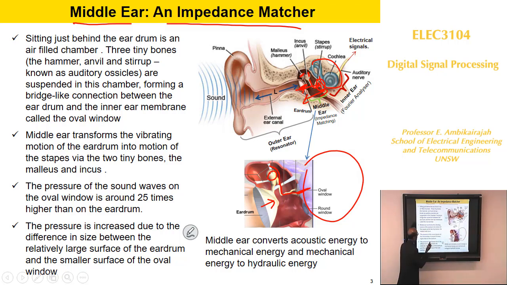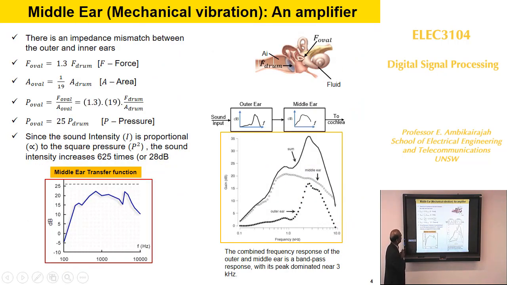So you can see that the middle ear transforms the vibrating motion of the eardrum into the stapes via 2 tiny bones, malleus and incus. Let's move on to the next part.